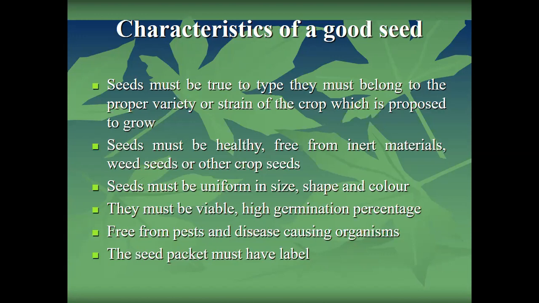The whole processing procedure is where the seeds are conditioned and they have equipment to do that separation of seed size and colors, so that you won't have contaminants in the seed lots. So they must be viable and they must have a high germination percentage, of course, free from pests, disease-causing organisms, and the seed packet must have a label.